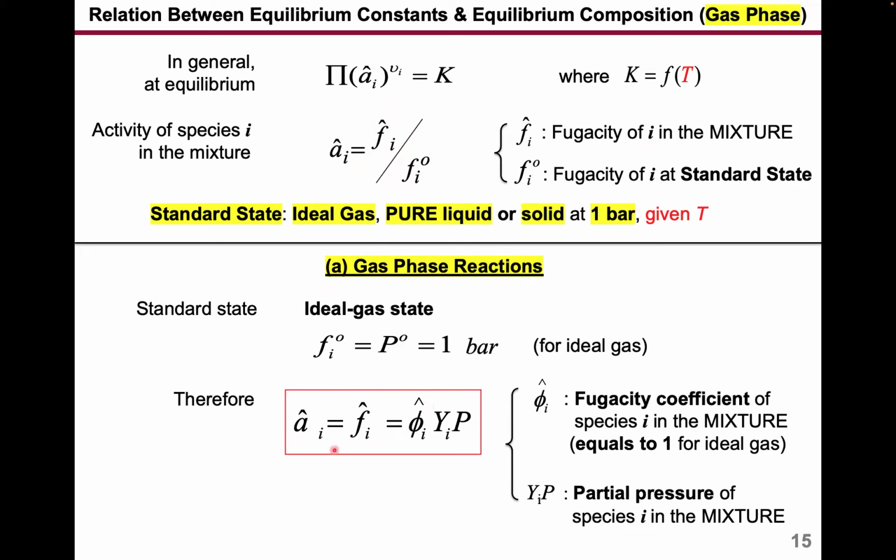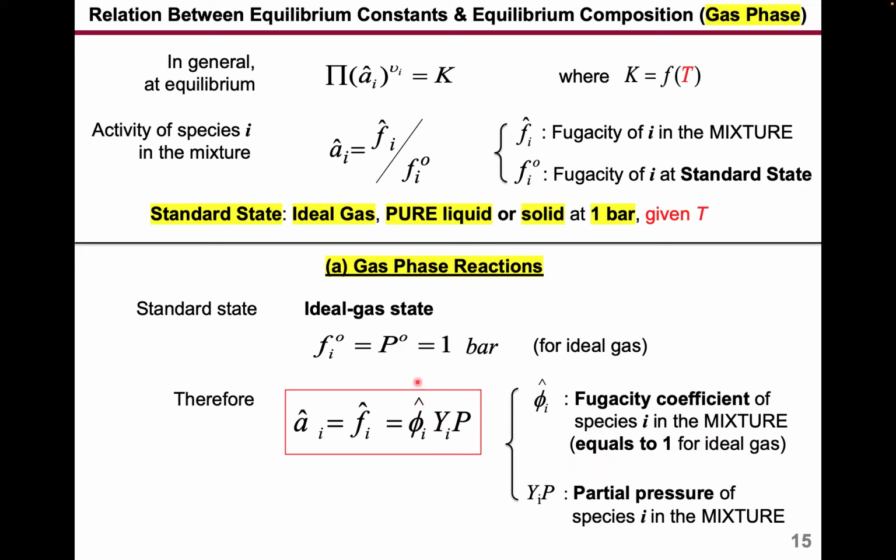And this fugacity in the mixture, we already know how to calculate it. For an ideal gas, it's going to be the partial pressure. But since we are talking about a real gas, you actually need to multiply by a fugacity coefficient. If it's ideal, then this fugacity coefficient equals 1.